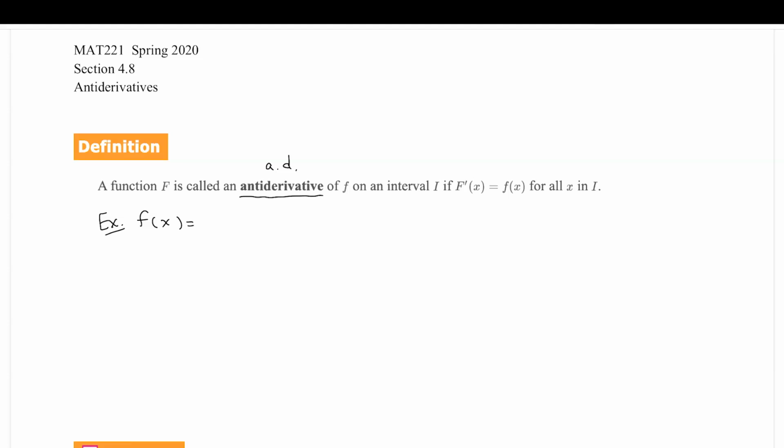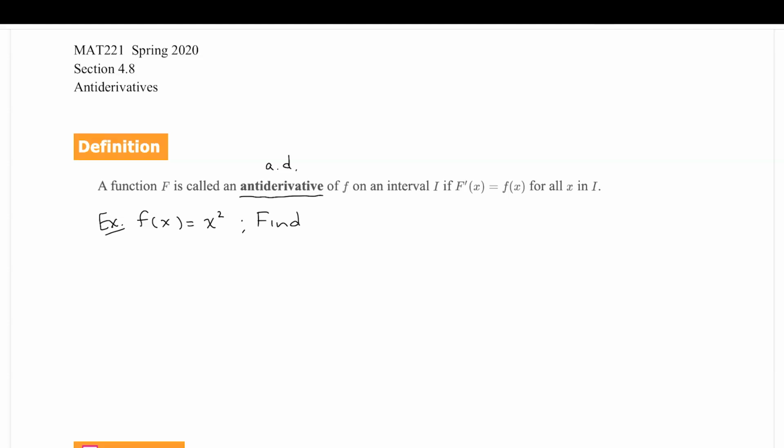So, for example, suppose my little f function is x squared. And by the way, it's pretty standard calculus notation, if your given function is little f, to use a cap F for the antiderivative.